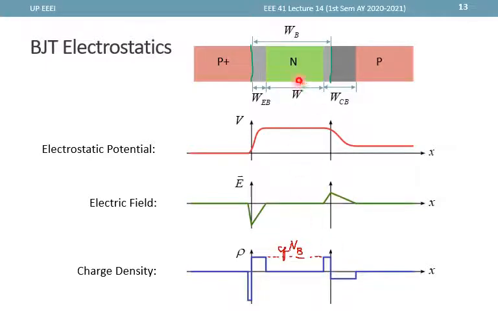Also note that this W here is the actual distance that minority carriers injected from the emitter should have to travel before being swept by the electric field at the depletion region at the CB junction under forward active.